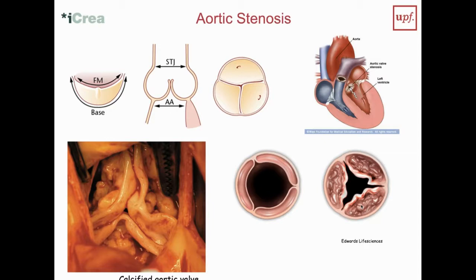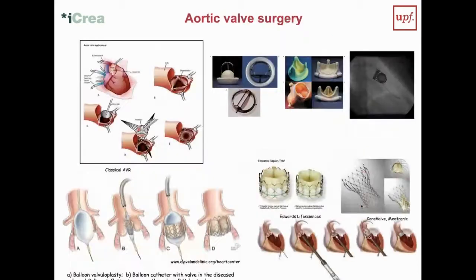That's fine as long as this is not too severe, but if this becomes severe, then you start to get problems with the heart muscle, and the heart muscle can get damaged, and you can get to heart failure when this happens. So you need to fix this valve in some way. There are several ways of fixing this valve, and the traditional one is to do a valve replacement by cutting out the valve which has been occluded and replacing it with an artificial valve.